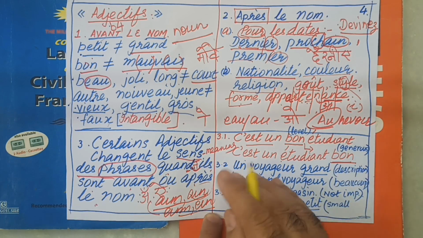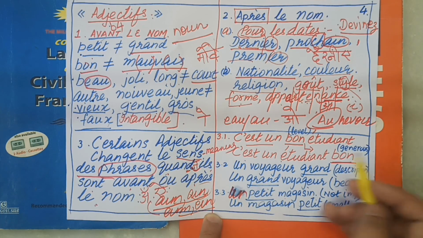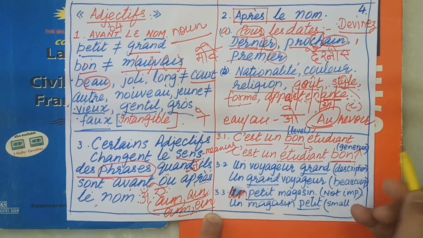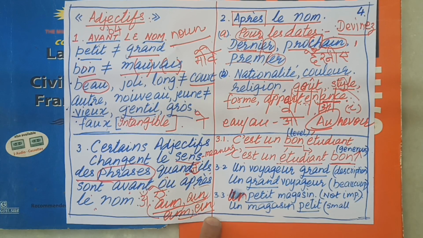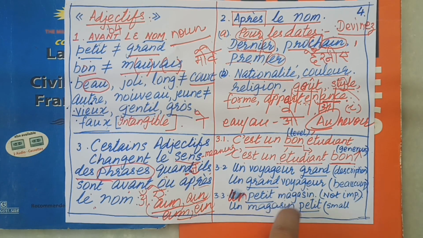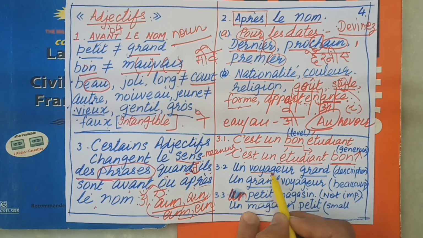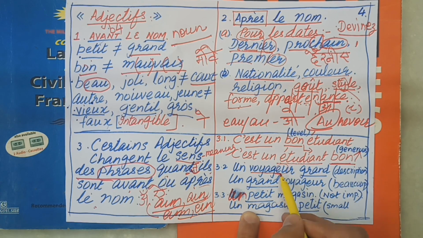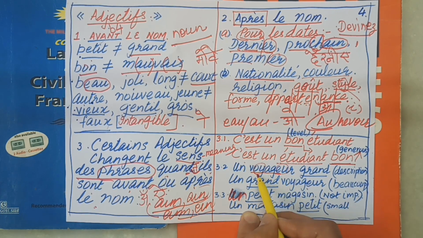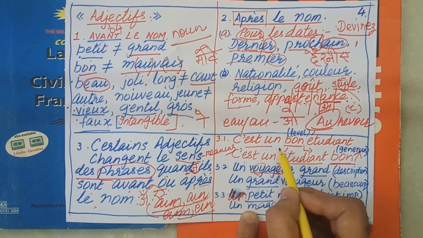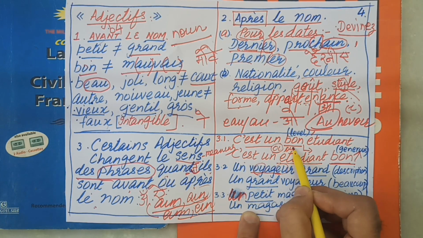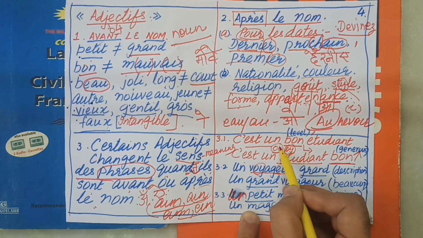C'est un étudiant bon. If I put bon after étudiant, following my rule of adjectives, then bon here refers to generous, kind, a nice boy. Un voyageur grand. Now see voyage, in English, someone who travels, voyageur. EU is eu, and OI, when you have OI or OY in a word, treat it as I only.